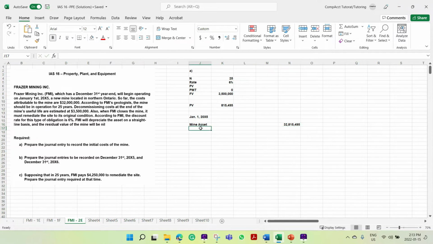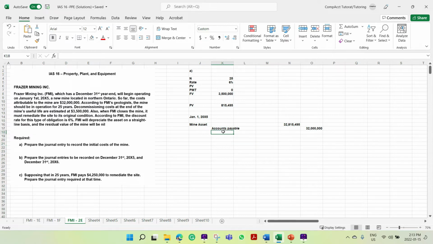Okay, then different accounts could be used here, but let's pretend everything goes into accounts payable. Okay, so accounts payable, we got 32 million. I'm sure there would be mortgages, there would be loans, there would be all types of accounts being used there for getting that mine going.